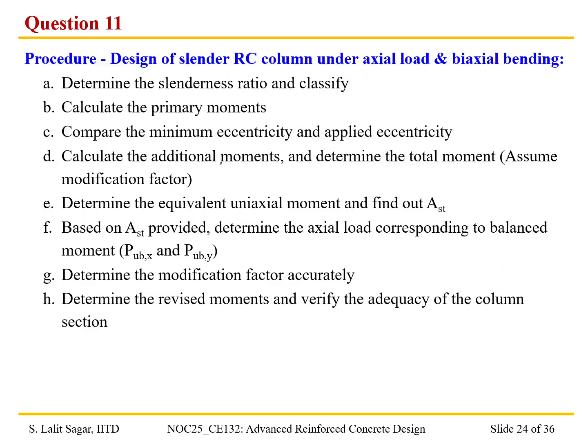This is the procedure. First we need to determine the slenderness ratio and classify the column as a short column or a slender column. We already classified it as a slender column.